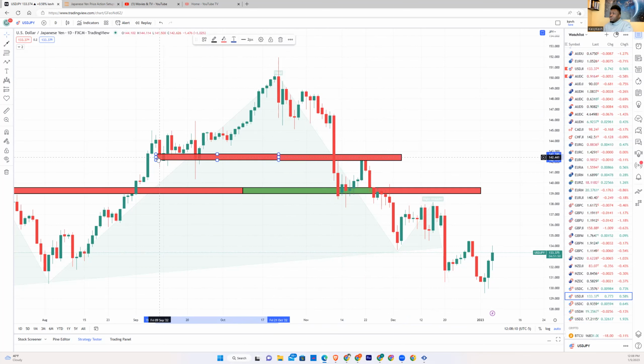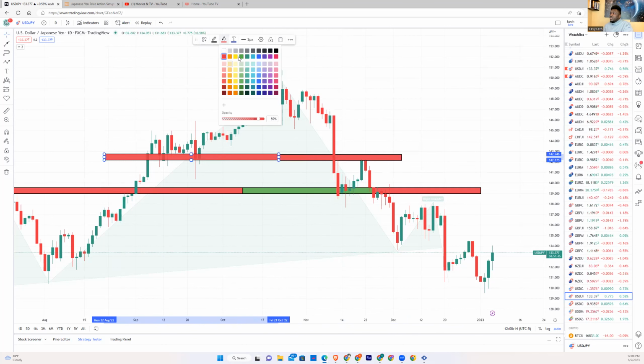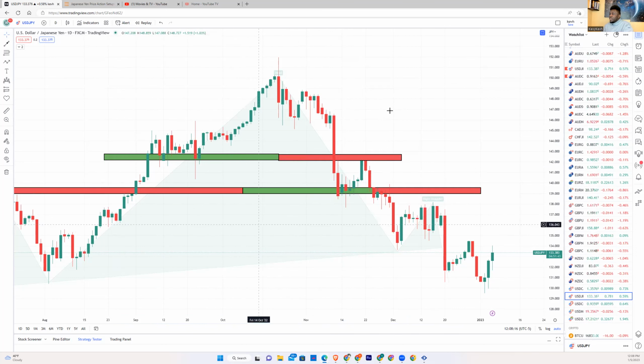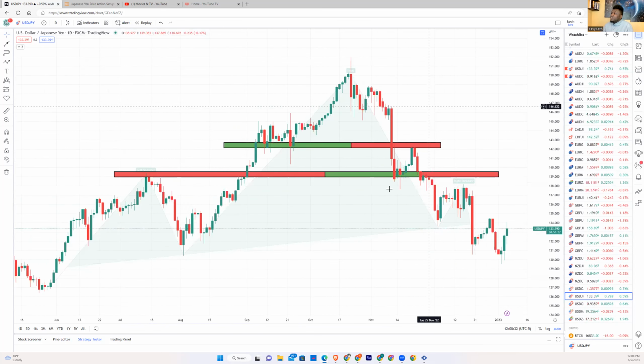Now you can see what it is right here. This is an area of support on this side, but resistance on this other side. So knowing that, and this is going to repeat itself multiple times, you should always look left before you start trying to answer questions on the right.